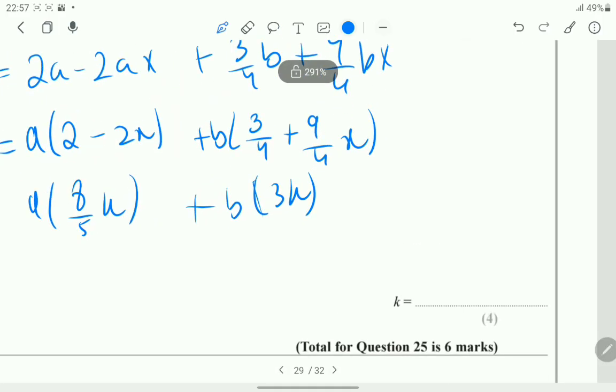These two should be equal. And similarly, the coefficient of a in this case and this case should be equal.